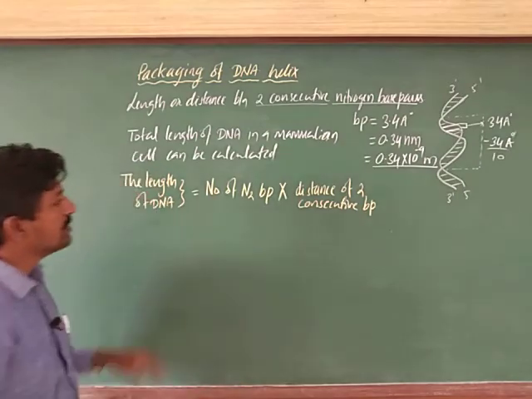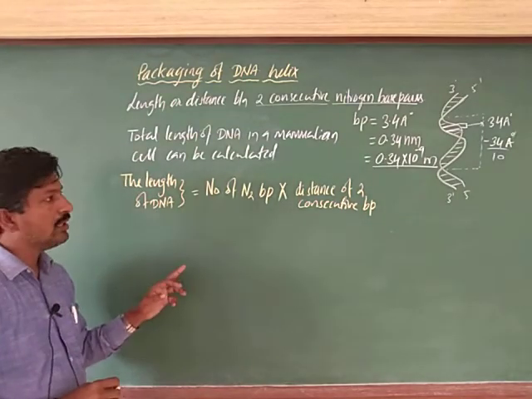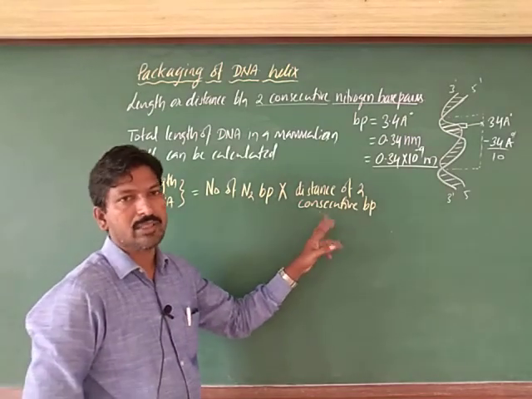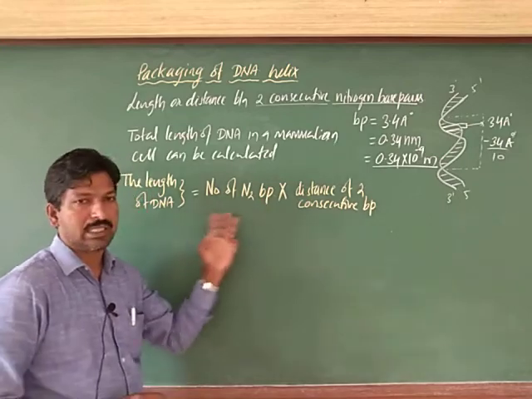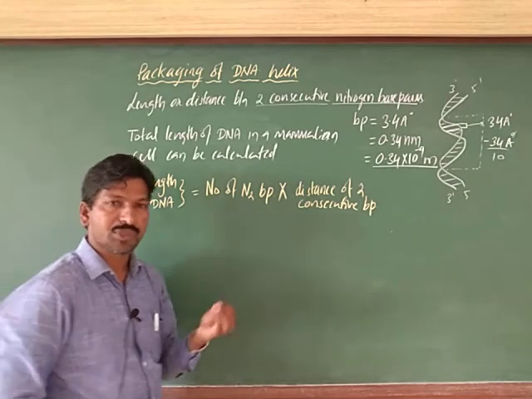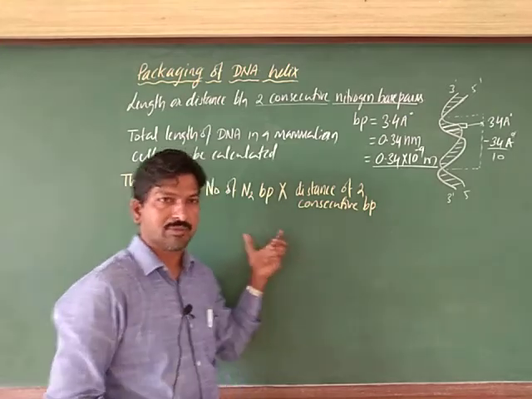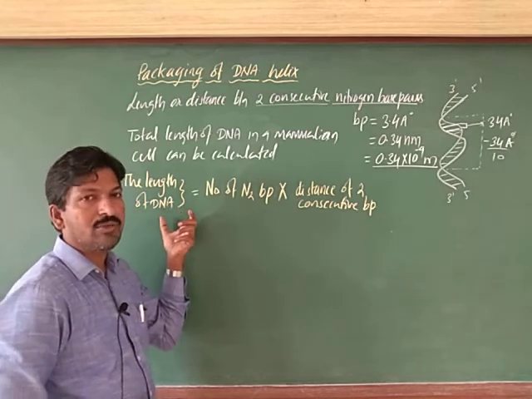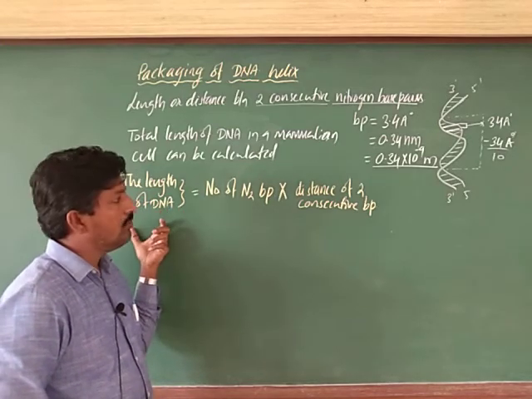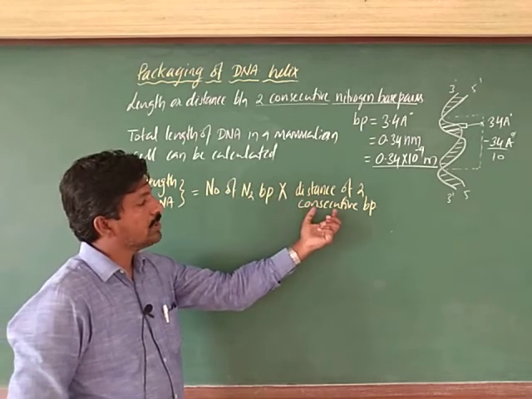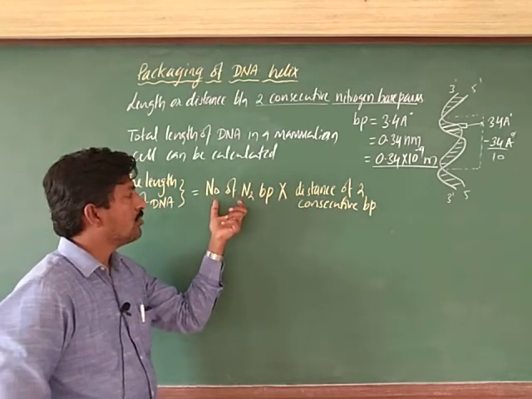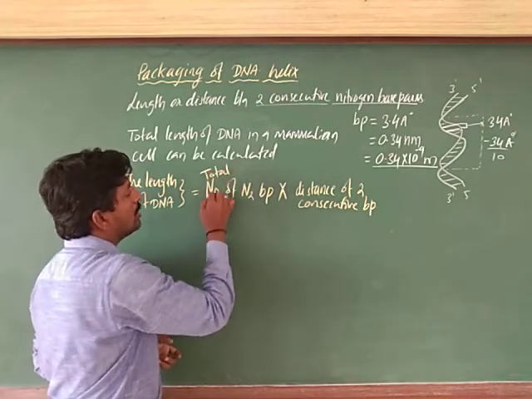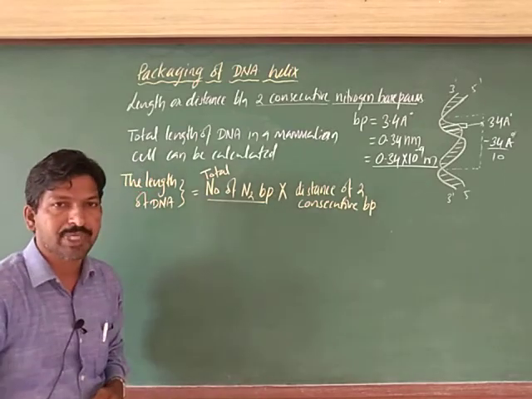By this formula we can calculate either the length or the number of nitrogen base pairs, out of the three important data. Even at NEET level, some questions may be framed on this simple formula. So the total length is the multiplication of the distance between two consecutive BPs and the total number of nitrogen base pairs.